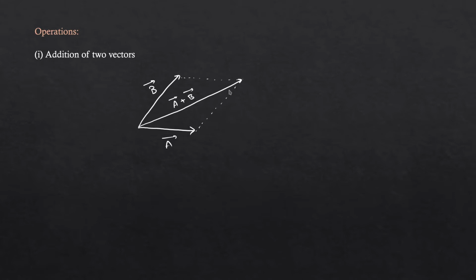In another way, you can also look at this problem like this. Let me draw the vector A here. This is vector A. You can take this vector B and put it here, because you are not going to change the magnitude of it, and you are not going to change the direction of it, you are just taking it and putting it here. So this is vector A, and I am going to put the vector B here.